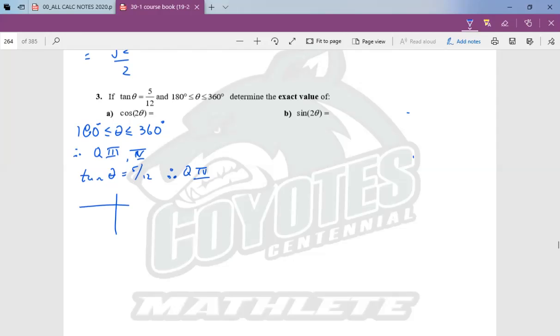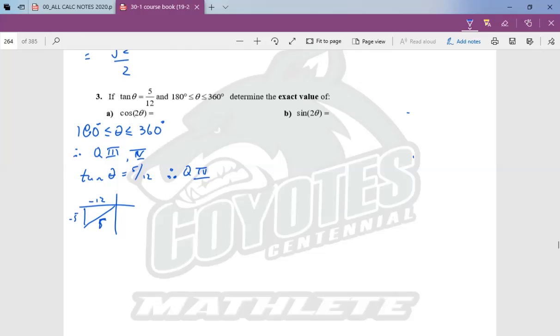If tangent is 5 over 12, tangent is y over x, or it's sine over cos. And it's going to look like this. Now, technically that's negative 5 over negative 12, which still ends up being positive. Because we're in quadrant 3, that is what we're dealing with. Hypotenuse, we've been calling r for the radius.